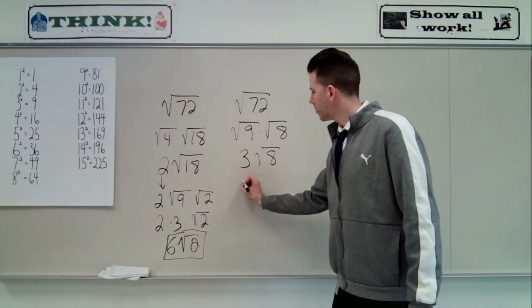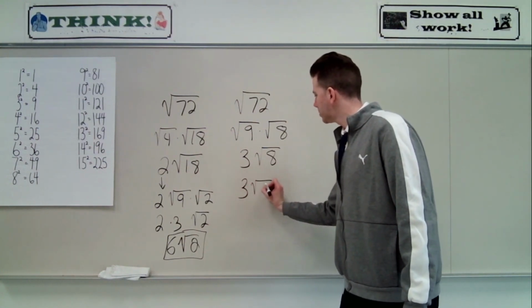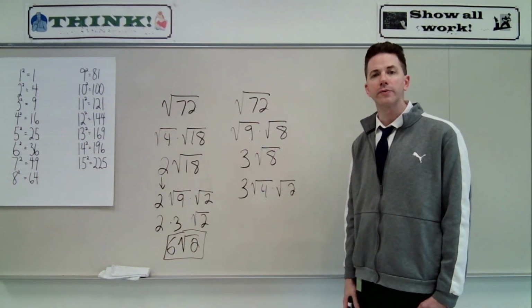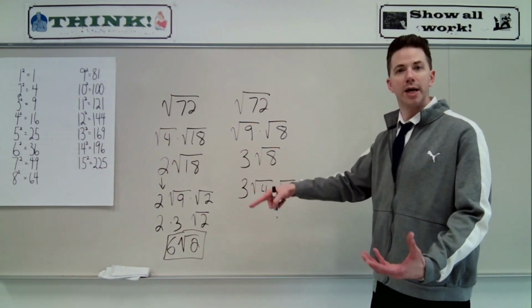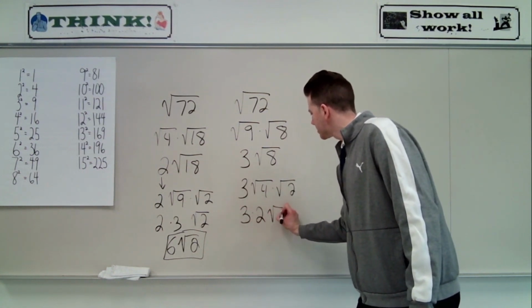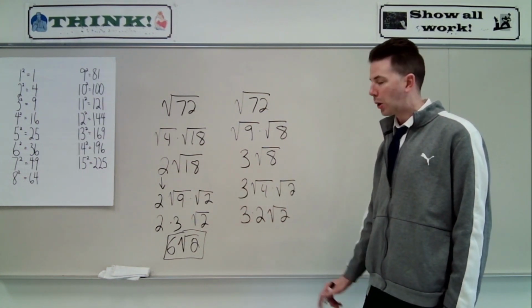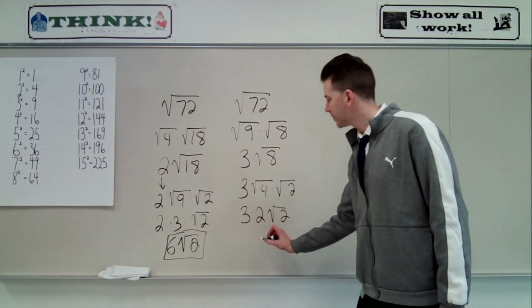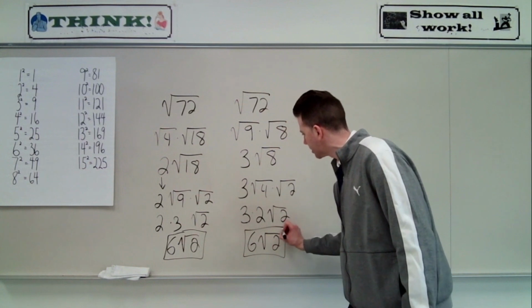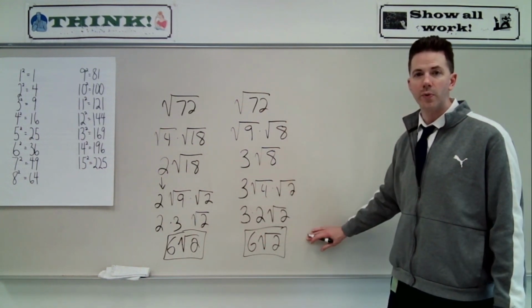The square root of 8 would become 4 times 2. So we have the square root of 4 times the square root of 2. The square root of 4 becomes 2. So now we have 3 times 2 times the square root of 2. 3 times 2 is going to give us 6. So notice that we arrive at the same solution, but we did it 2 different ways.